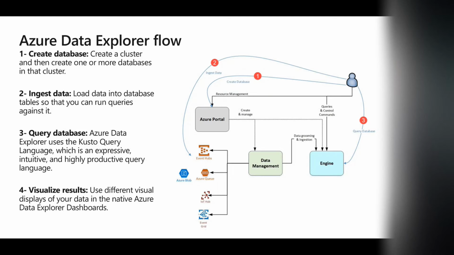You provision a database inside it, and from that point on, you can load your data either directly into it, or ingest data from existing tables or from streaming data from Event Hub, IoT Hub, whatever you want.